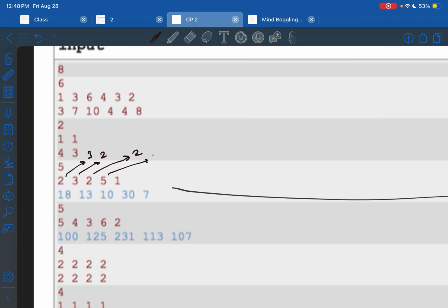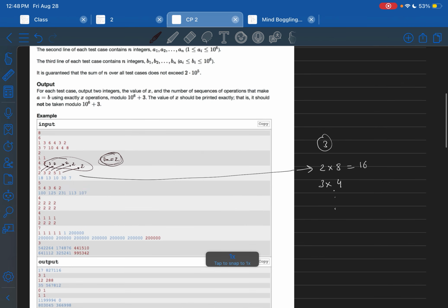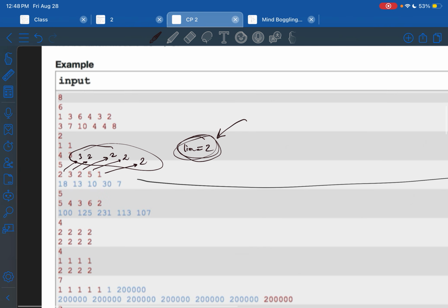This will be again 2 operations, and this one will be again 2 operations. So we see that the limit here is 2. Now that gives me the threshold, basically, that I can only multiply all the elements of the array twice.